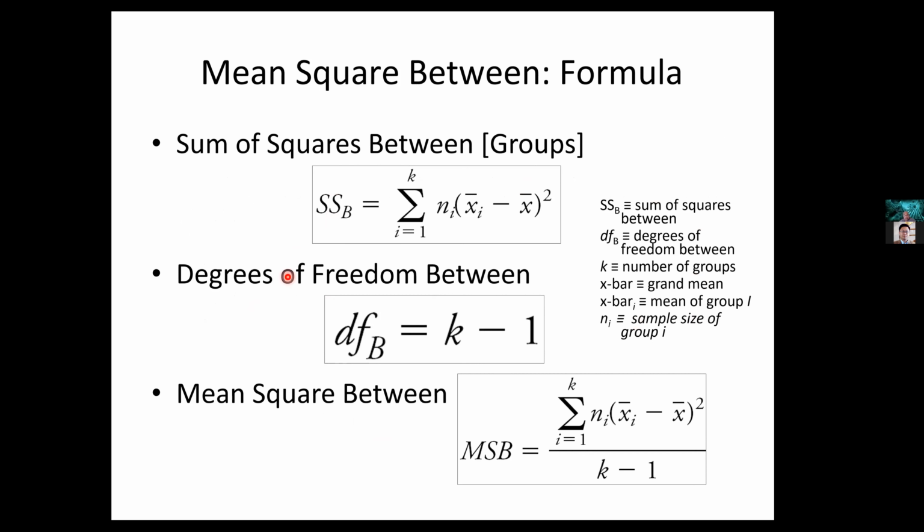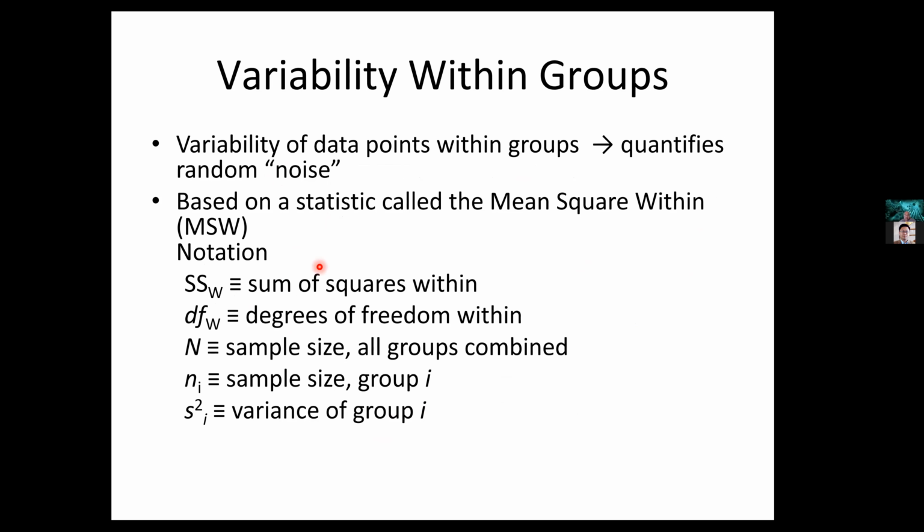Again, this is showing you how to get to the F statistic: mean square between, and you have the degrees of freedom. Like I said, the MSW is right here, mean square within. So you have a mean square within the data set. MSB is mean square between the data, so you have two different groups.